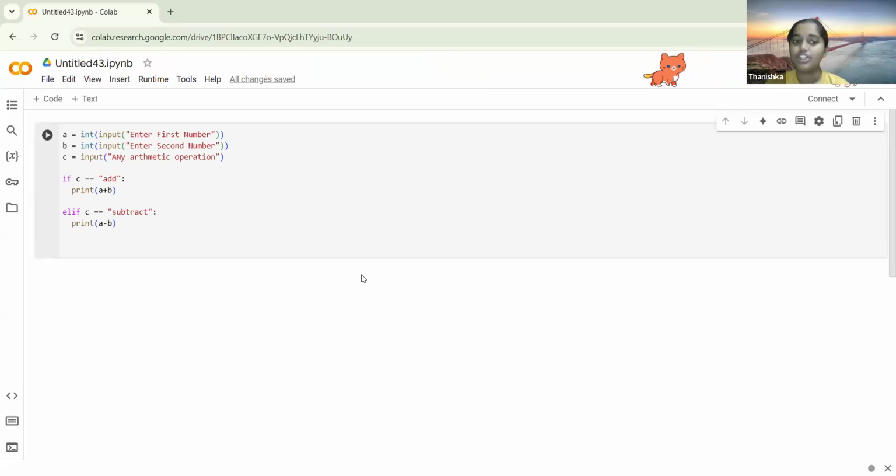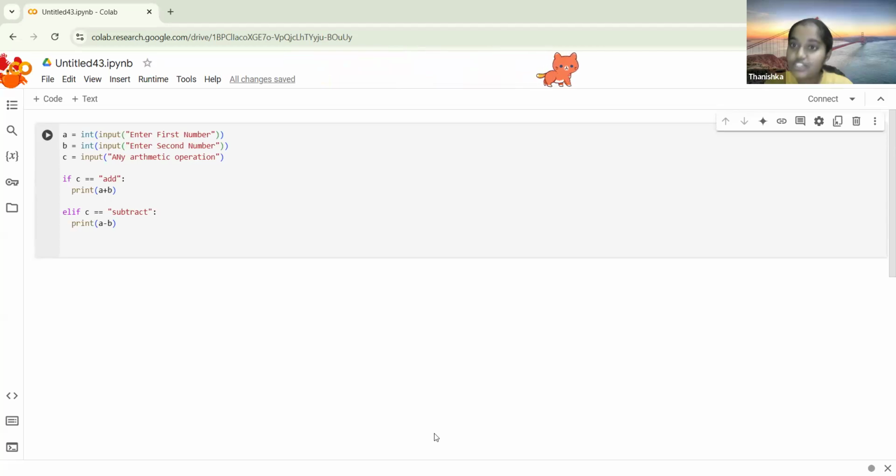But it's not just if else. You can have many conditions. Like if C is add, then do this, else do something else. But we have 4 things to be done here. So if C is equal to add, then add them. Or else, if C is equal to subtract, then subtract. If C is equal to multiply, then multiply.